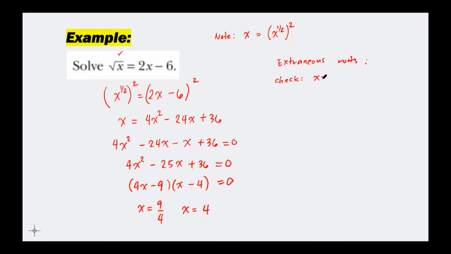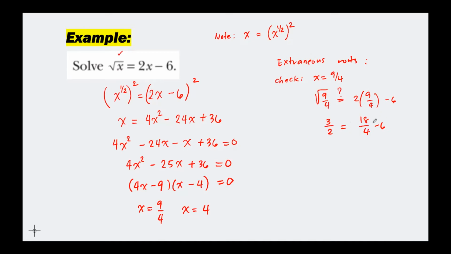So when x is equal to 9 over 4, this gives us the right side is square root of 9 over 4. Is this equal to, there's a question mark, 2 times 9 over 4 minus 6. So this gives us 3 over 2. 9 over 4 is 18 over 4 minus 6.